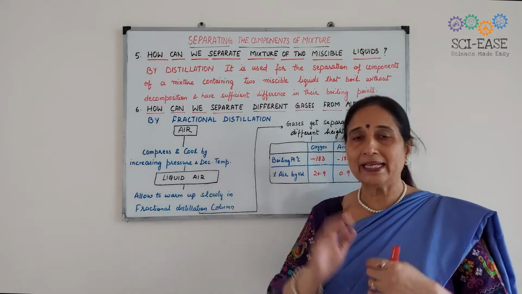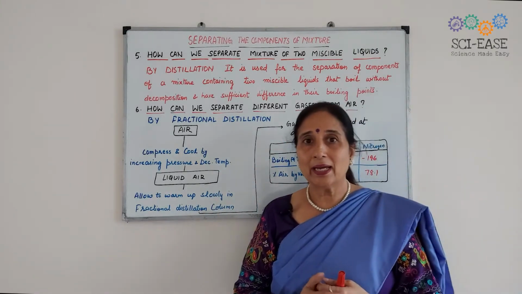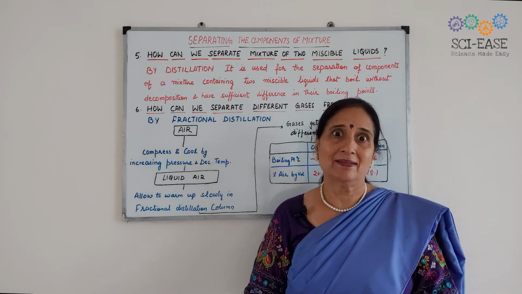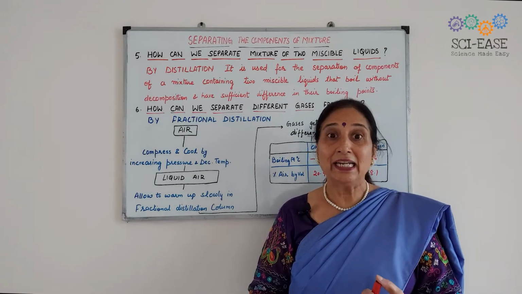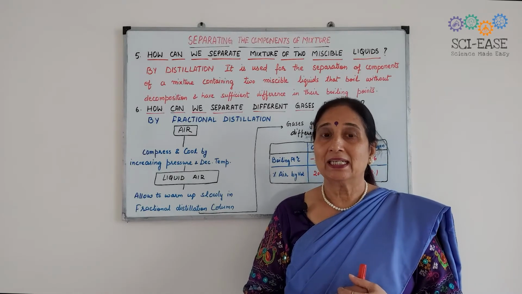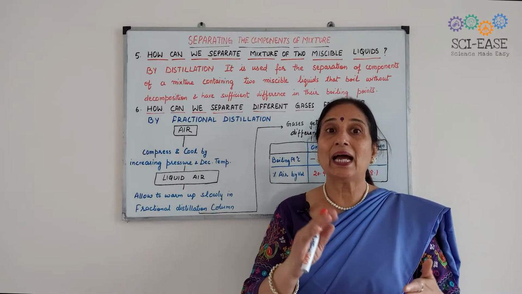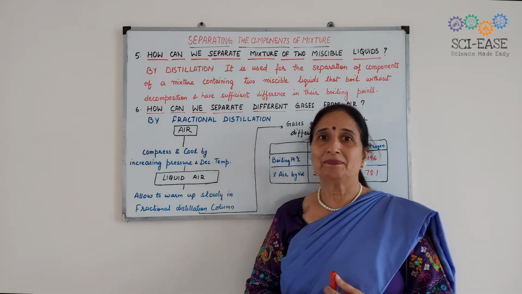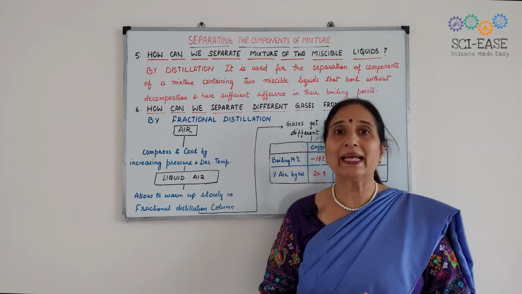Here there is a condenser. When we heat the liquids, you will find that acetone will vaporize. That is the most volatile liquid.